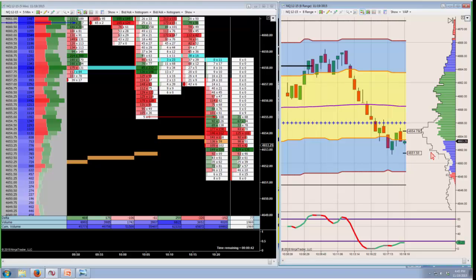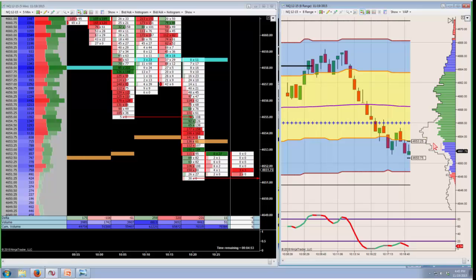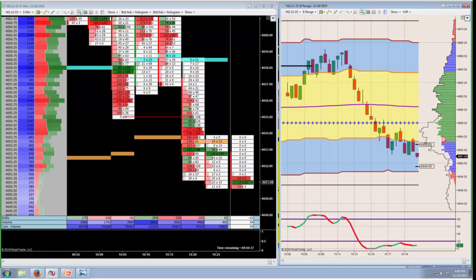Now, if I was looking at this, I would be thinking, if we break the low of this bar here, this might be able to get us through this high volume area here, and maybe we can be sucked down to the next high volume area, which would be, this isn't really high in comparison, but this would be the next area where you'd likely expect to get stuck right here.